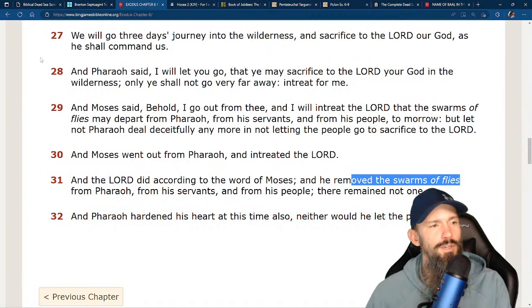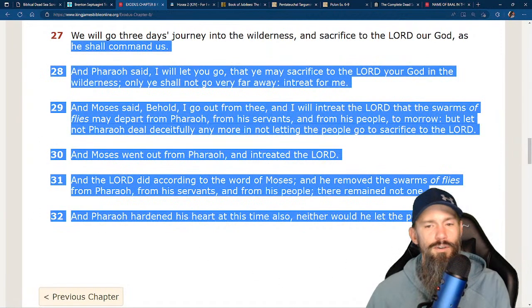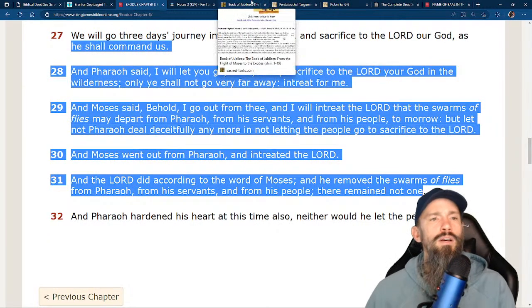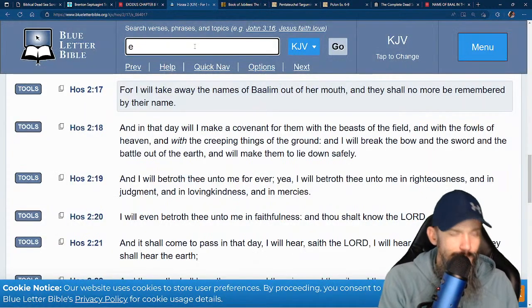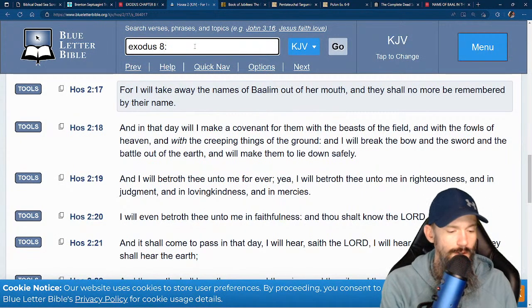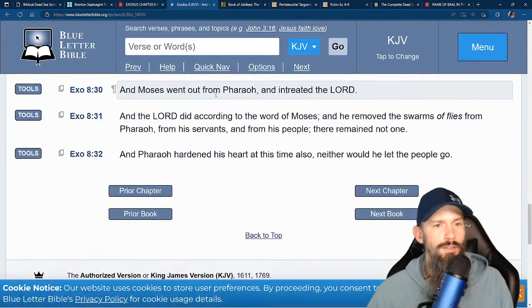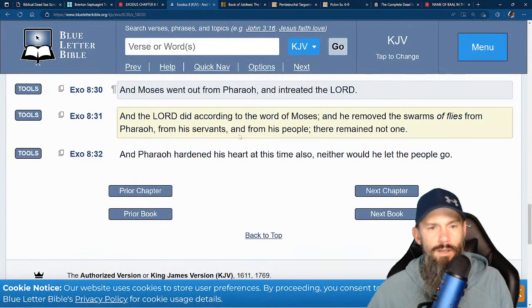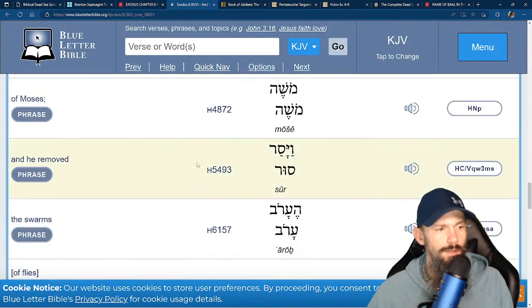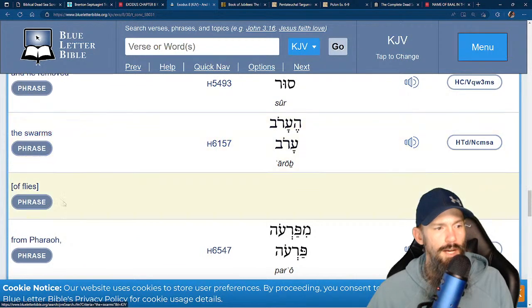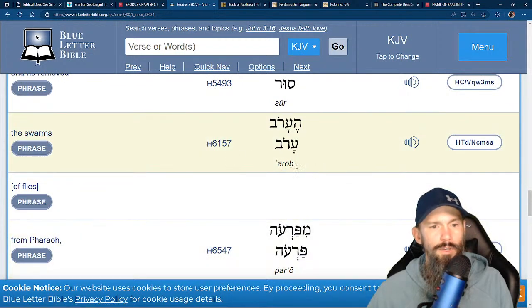They got the verse numbers here all jacked up. That is swarms of flies. Makes it hard to compare. Let's see. Exodus 8:31. Swarms of flies. A robe.